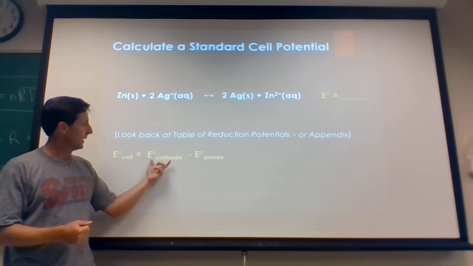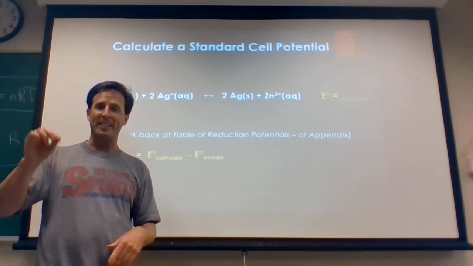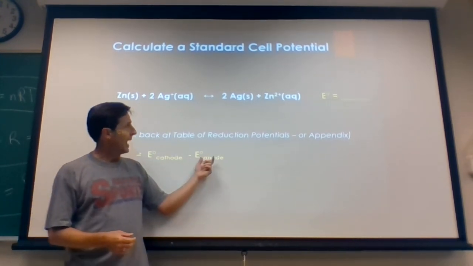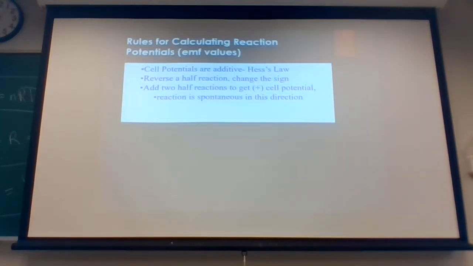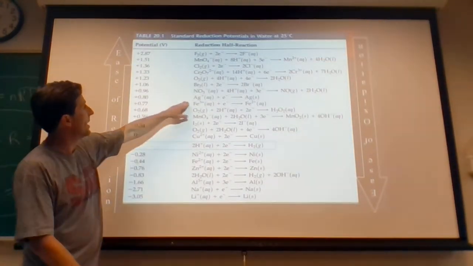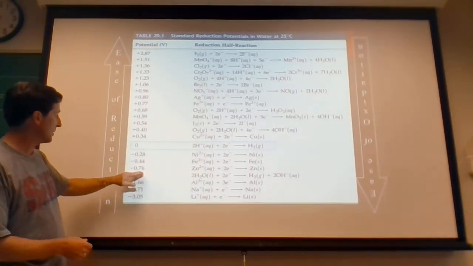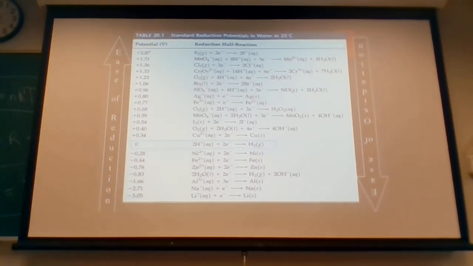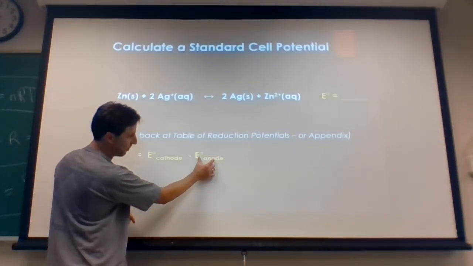So if I look at the E of the cathode for silver, I'm pretty sure in the table that was 0.80 volts, or 0.799. The anode for the zinc, I think it was, let me see. So the silver one was 0.80, and that's the reduction. That one was good. The zinc one is negative 0.76. I'm plugging in negative 0.76 right here.